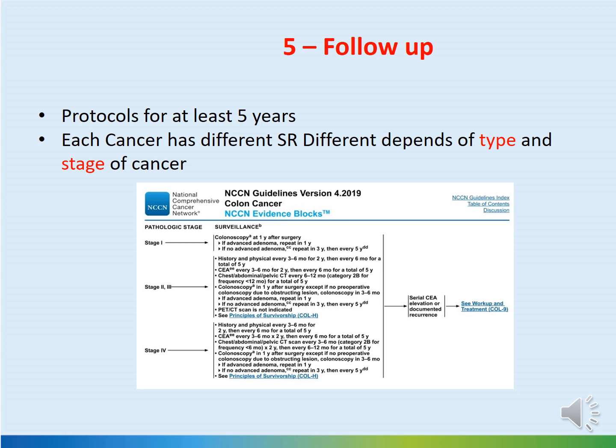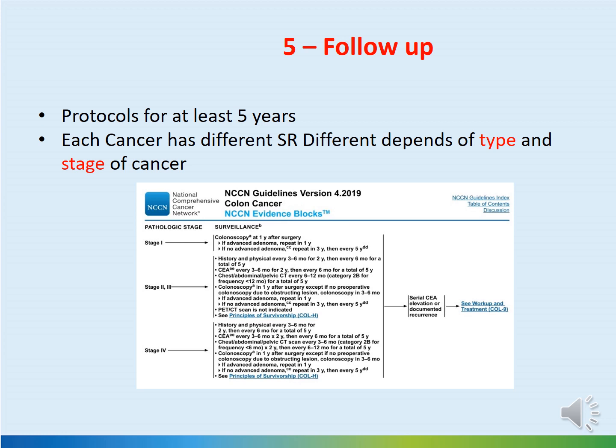Anyway, we have some guidelines regarding the time of follow-up, the type of investigation, or how to follow these kinds of patients. It actually depends on the type of surgery and the stage of the cancer in the patient.